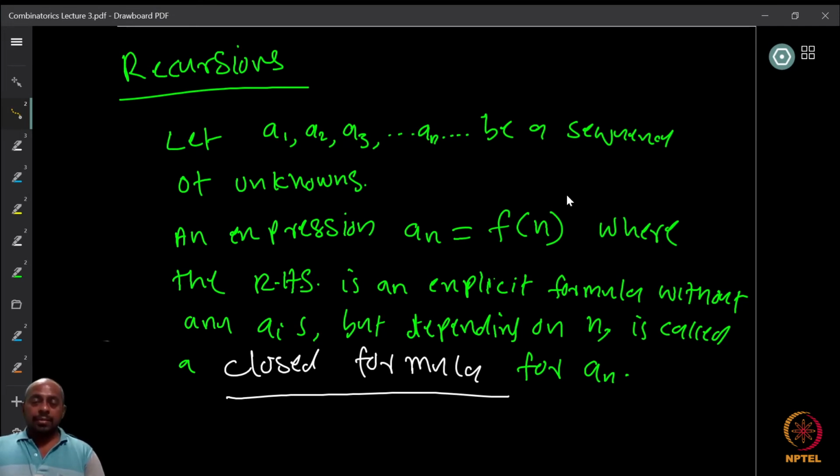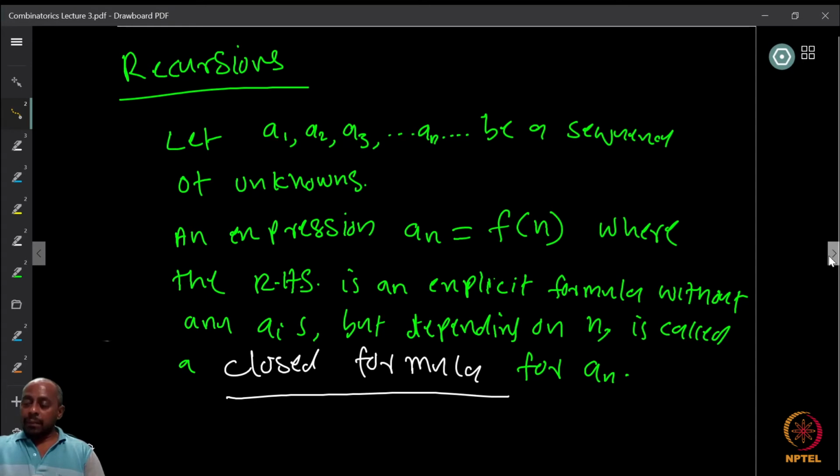Then a_n = f(n), an explicit formula without depending on any of the unknowns, is called a closed formula for a_n.